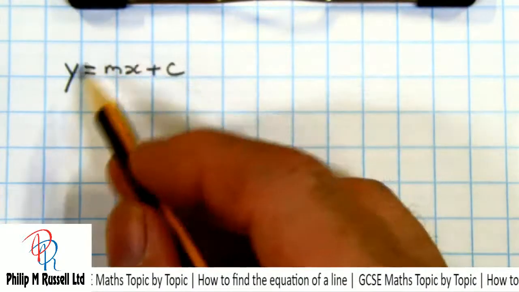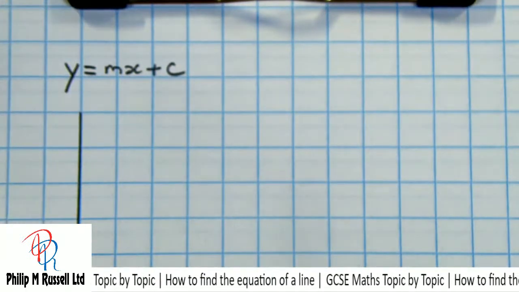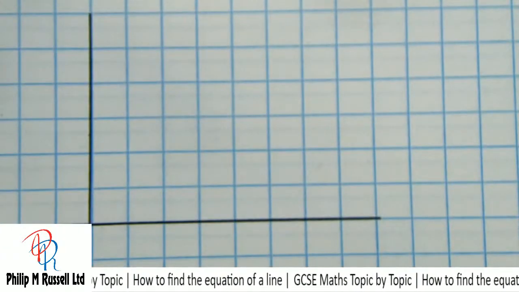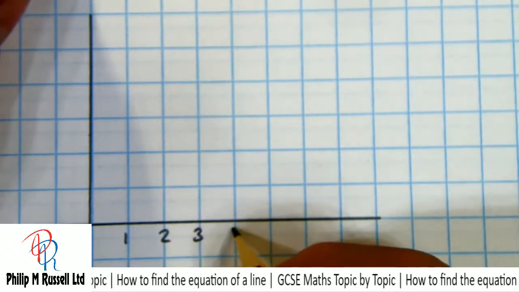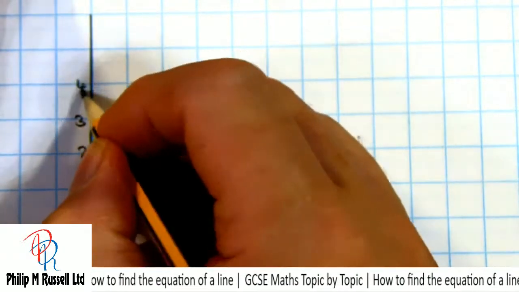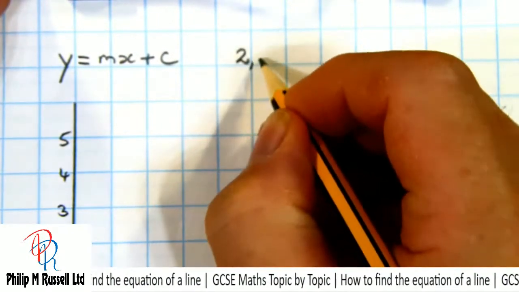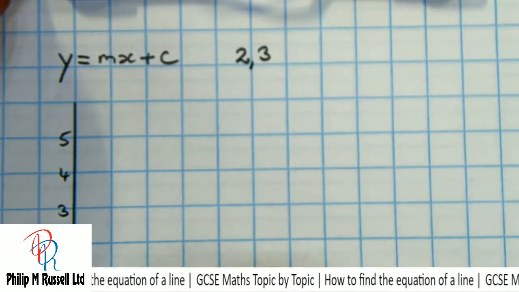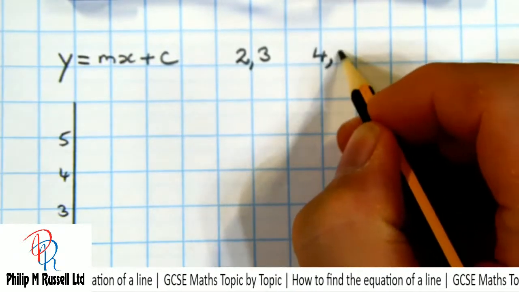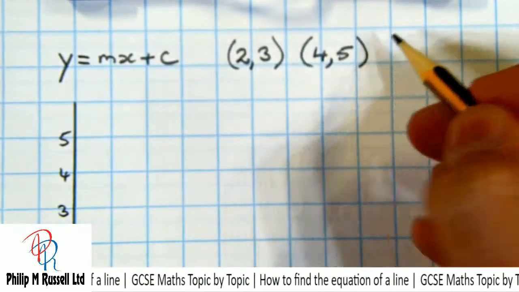Now, if you're asked to try and work out this formula, but you're given a couple of points, and they may say, okay, here's my little graph, and what we've got are a couple of points. Let's suppose we go through the point 2, 3, and let's go through another one which is 4, 5. Can we work out the graph of this line?